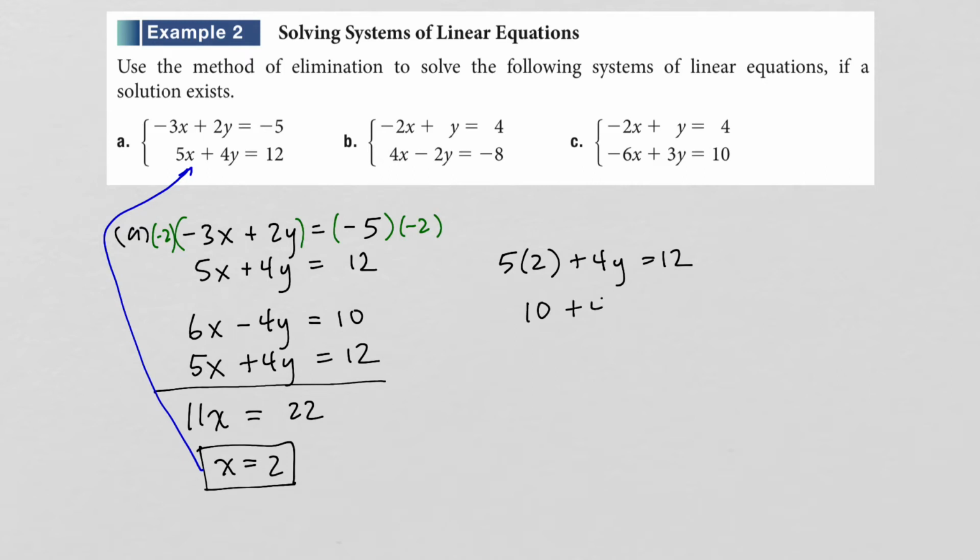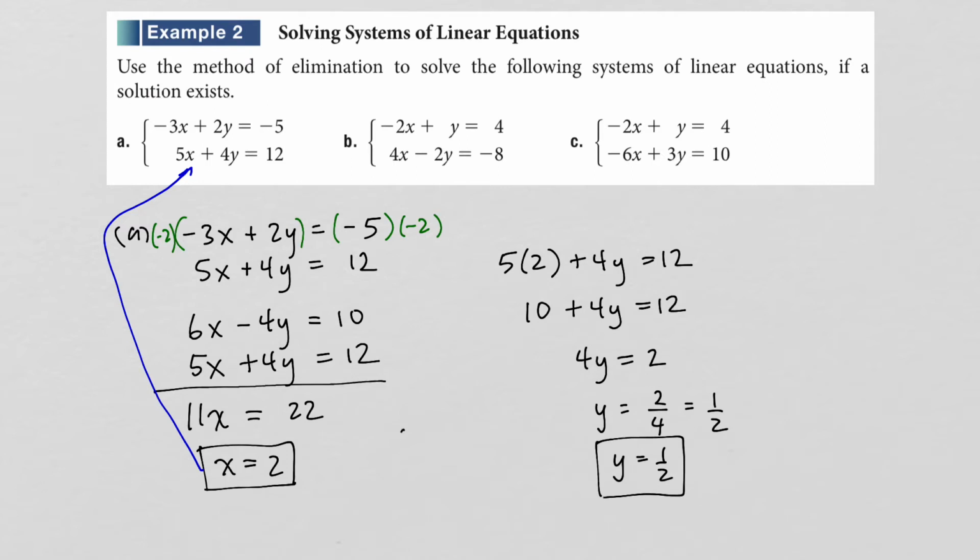This is 10 plus 4y is equal to 12. Subtracting 10 from both sides, we get 4y equals 2, which means y equals 2 divided by 4, which is 1/2. So the solution here is x equals 2, y equals 1/2.